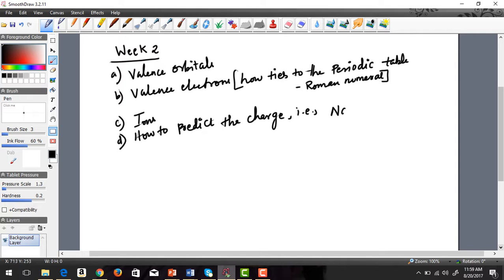We said sodium will be +1 because it is in 1A, and calcium would be +2 because it's in 2A, etc. And then finally we were able to rewrite electronic configuration.